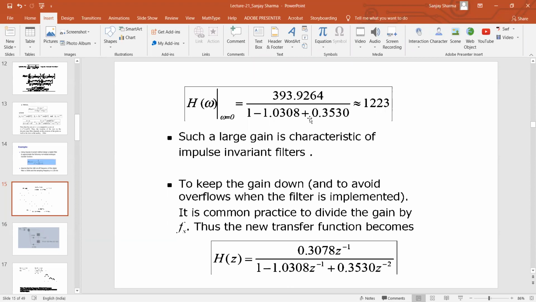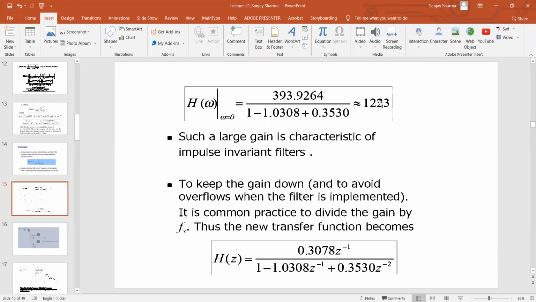That is what is calculated here. Once you replace z with e to the power j omega and put omega equal to 0, the DC gain comes out to be 1223.